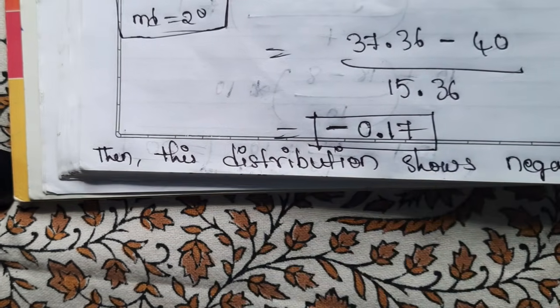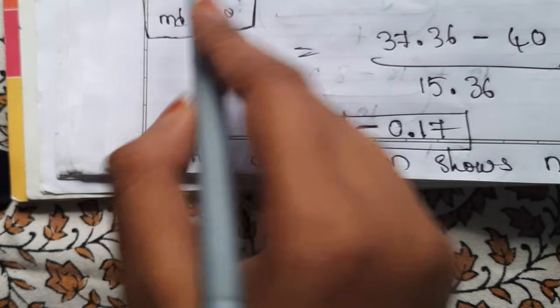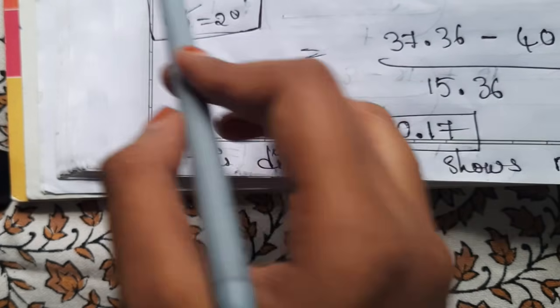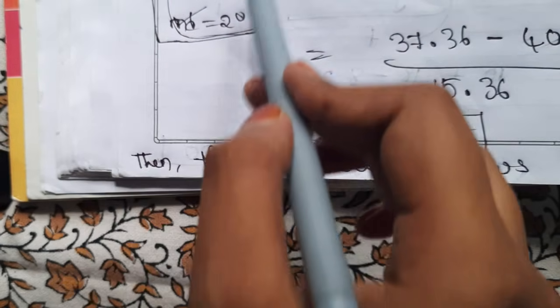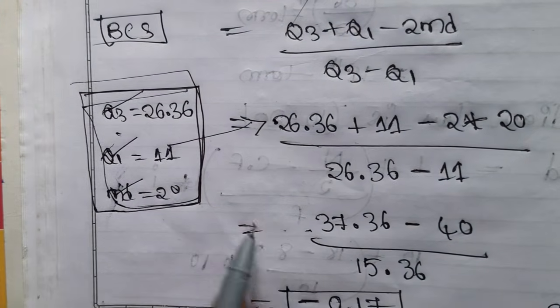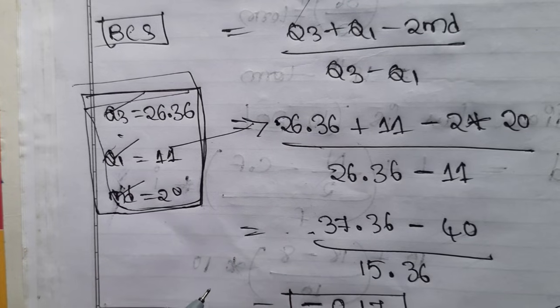Okay, so done. We are done with the solution. So you have to just find Q3. You should remember the formulas. Q1, you have to remember the formulas, median formula. If you find these, you can easily substitute all the values into this, and you can easily find Bowley's coefficient of skewness. If you are having any doubts, let me know in the comment section.